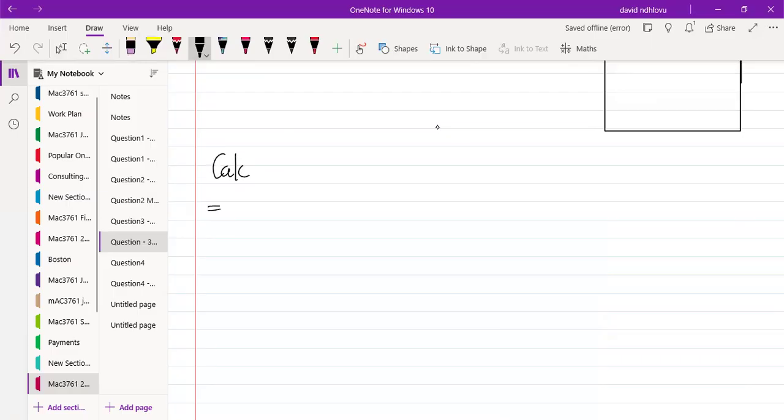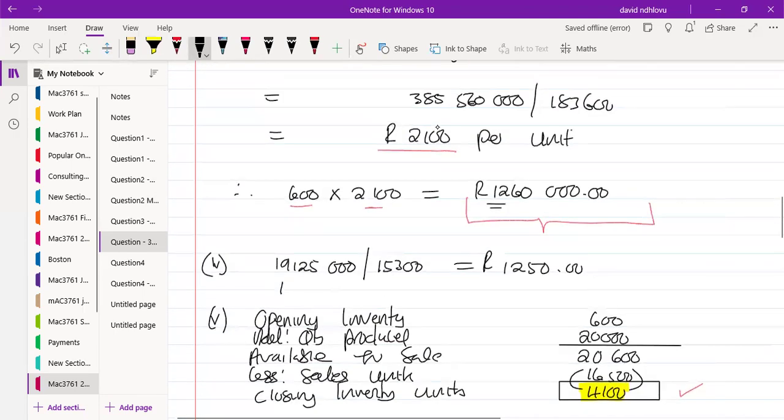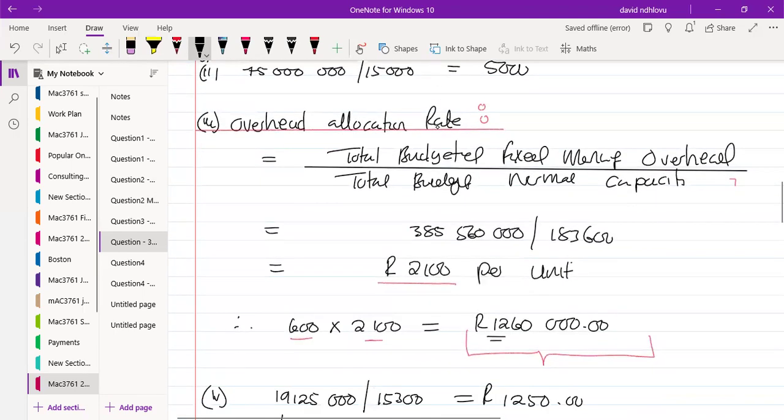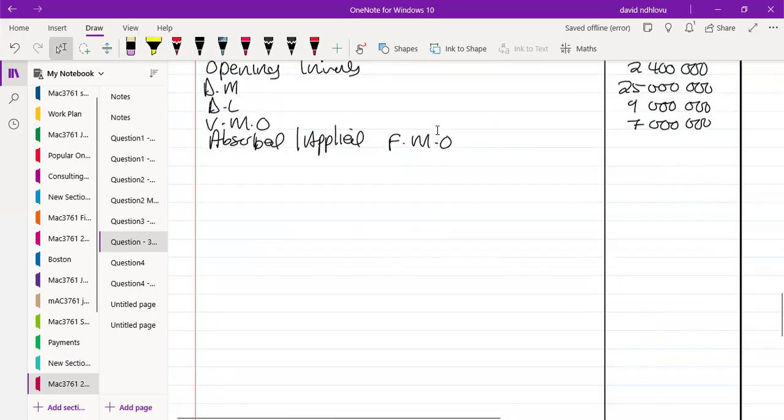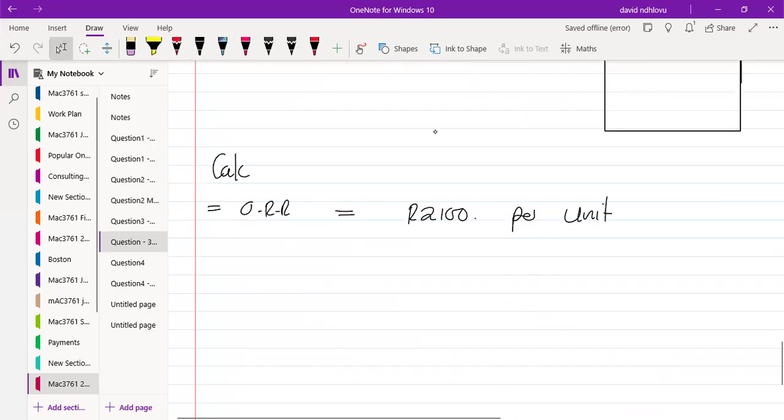We have already done the calculation of the ORR. We found that it was 2.1 thousand rand. This is per unit. So we already calculated that in terms of the ORR. We determined the 2.1. So when you calculate the applied overhead, this is what you do.